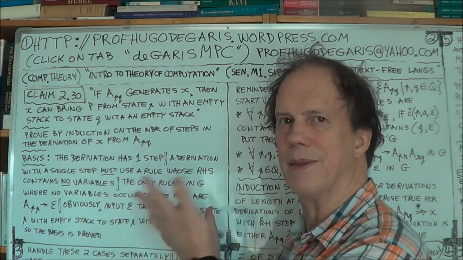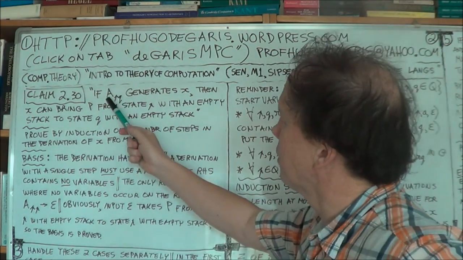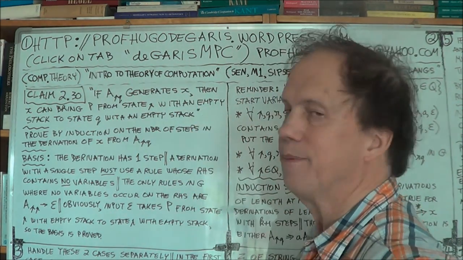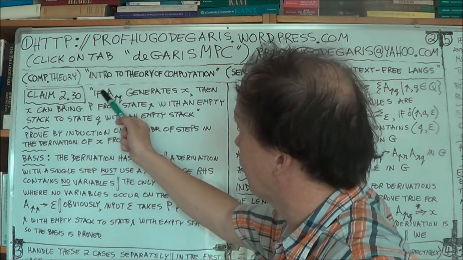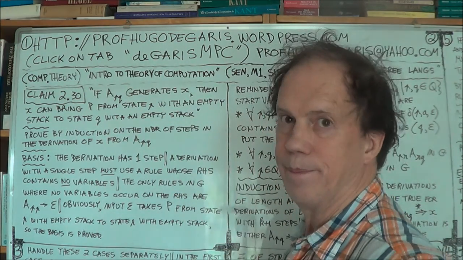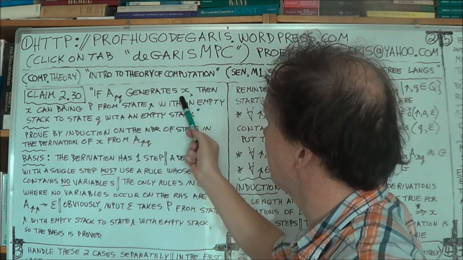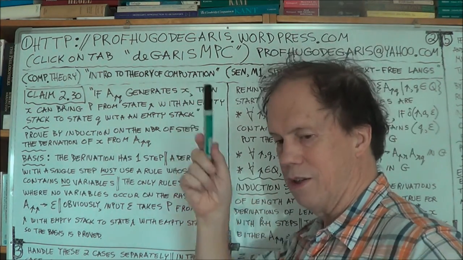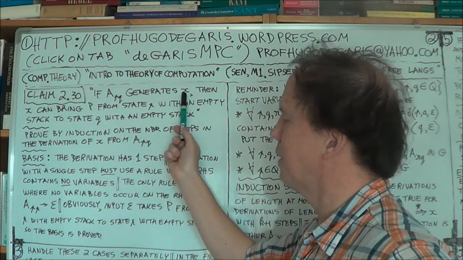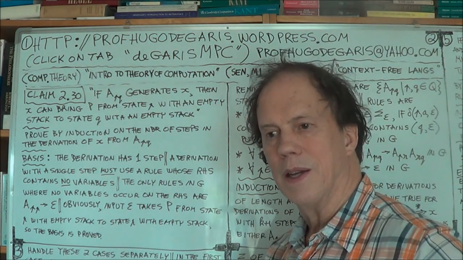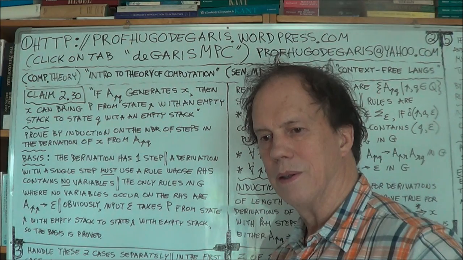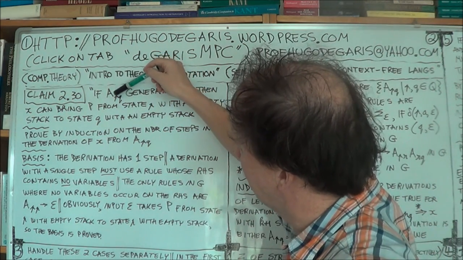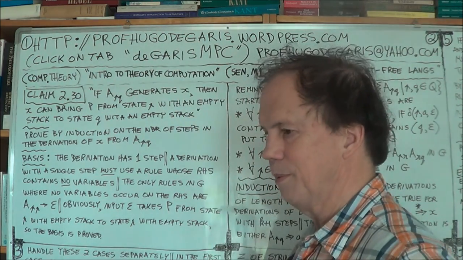That's the whole point of this big theorem, right? So we want this variable to generate that substring. Grammar, PDA, but it's the same substring. It's the substring that gets generated by the grammar, and it's the same substring that gets read by the PDA, and the PDA goes from state little p to state q.